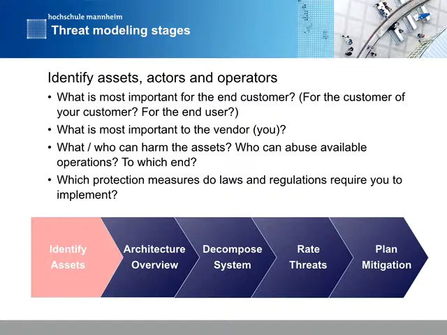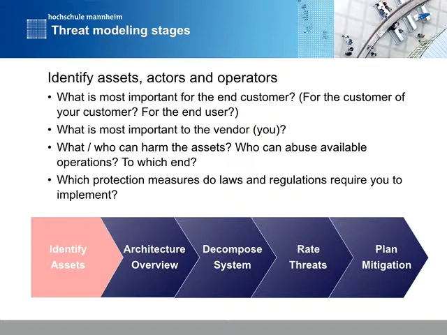So in the first place, you should identify the assets. So what are the most important elements within the software? Elements could be information, could be capabilities, could be properties of the software for the different stakeholders. So an asset view is very helpful because it helps to abstract specifically developers from a technological layer.